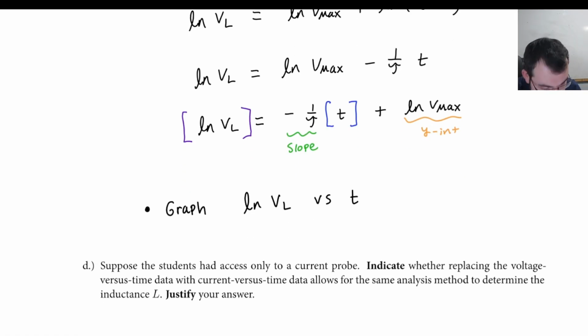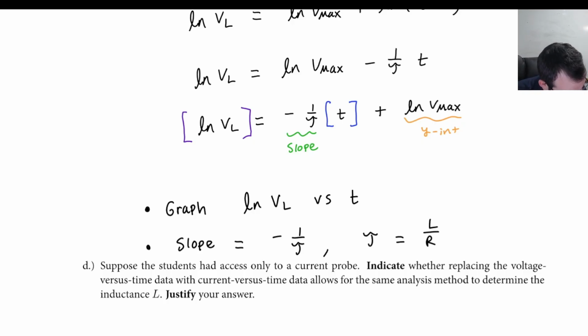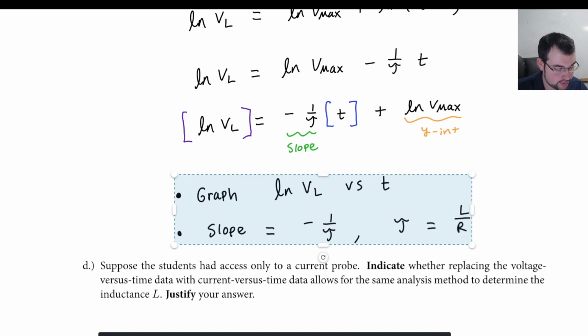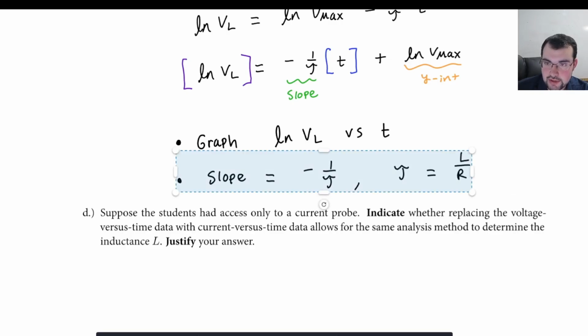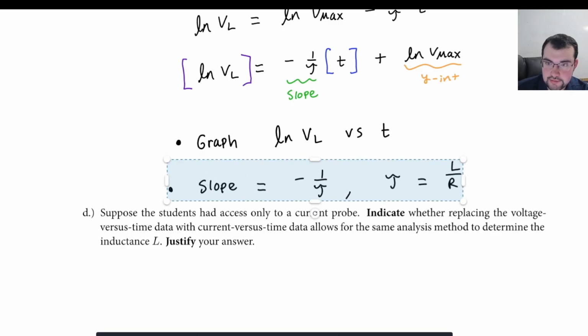And why is that helpful? It's helpful because the slope is equal to negative 1 over tau. And we also know that tau is equal to L over R. So we can use that to solve for L. So that's our rough procedure for this.